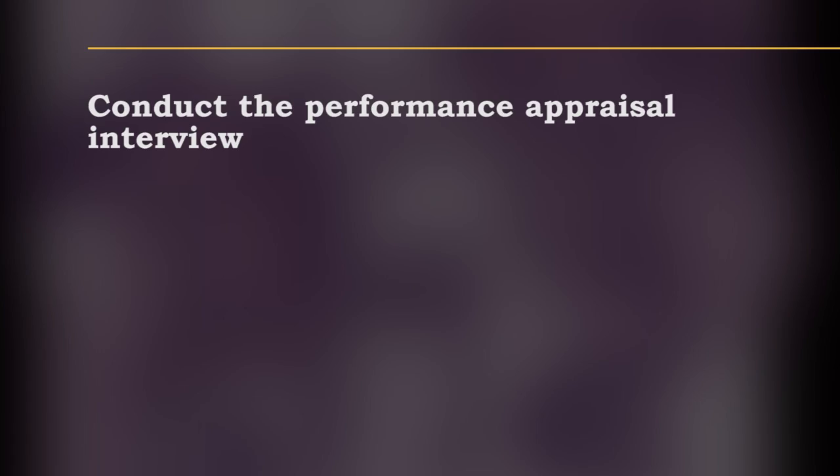So the last step in the process is to conduct the performance appraisal interview. This involves the early childhood educator director or supervisor and the frontline worker as well. The method requires some preparation from each party. The supervisor needs to take a look at the form that they've developed to make sure that the skills and tasks that have been taken from the occupational standards really reflect the responsibilities and duties of that frontline worker.